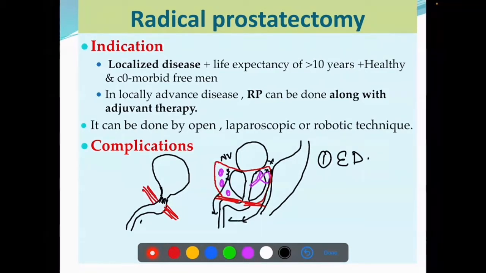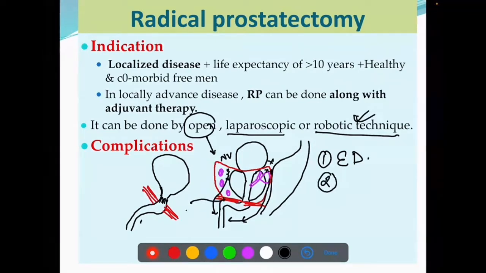So whenever you do radical prostatectomy, there is a chance of damaging these neurovascular bundles of the penis. This is more common in open technique than laparoscopic than robotic. If you do a robotic technique, the surgery is very fine, and these neurovascular bundles can be saved.